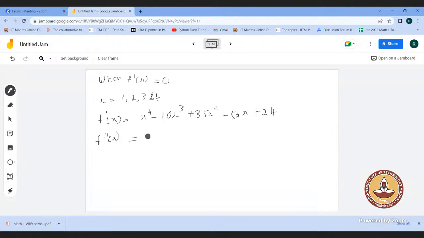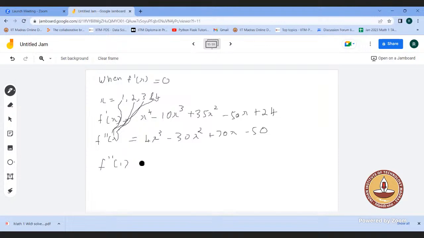So what will this be? 4x cube minus 30x square plus 70x minus 50. Now what we have to do is substitute x is equal to 1 and check what is the answer, and x is equal to 2, check the answer, x is equal to 3, check the answer, and x is equal to 4, check what is the answer. So what do you guys get for f double dash of 1?